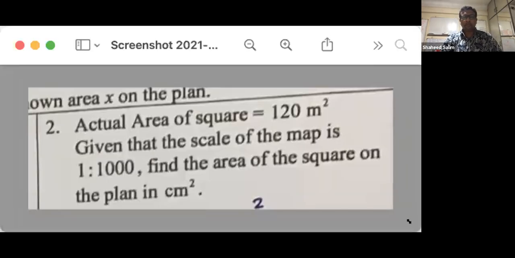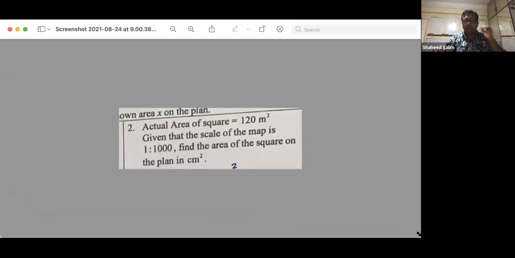This one. Okay. Now they give you the area, actual area. They give you the scale on the map. They're asking you the same question, Emma. So what you need to do, you find what's the scale for the length. Scale for length, that means how? cm, that means 1 cm to how many meters?